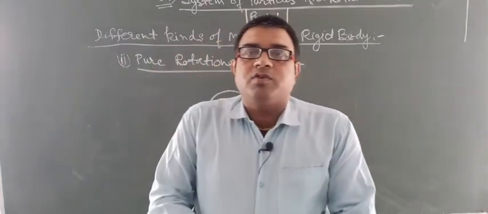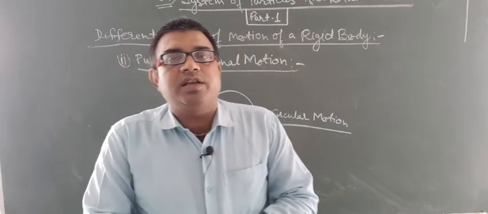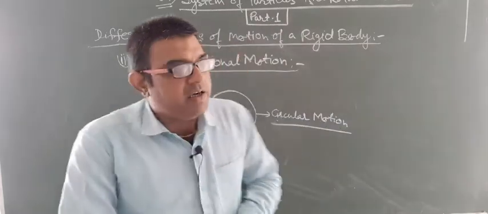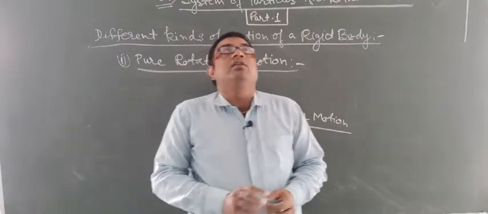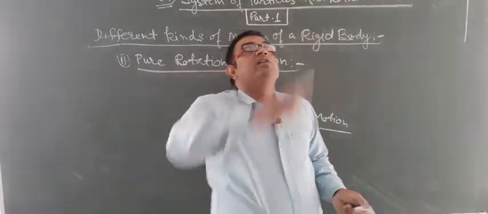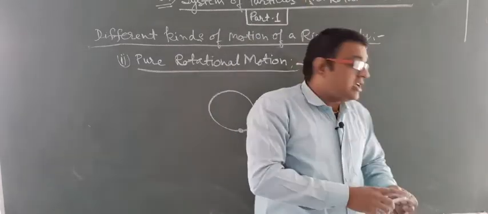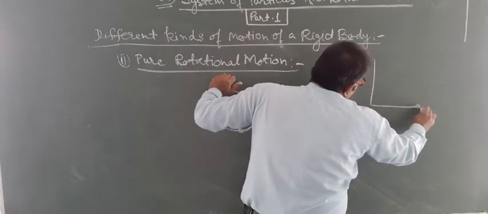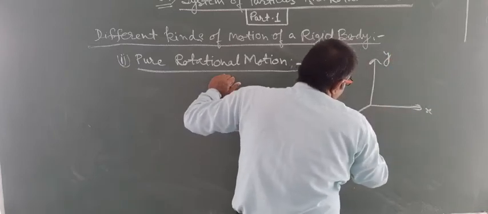Now, how is circular motion related to pure rotational motion? Suppose you are seeing a fan. If I switch on the fan, the rod of the fan is the axis of rotation. There are three axes, that is x-axis, y-axis, and z-axis.